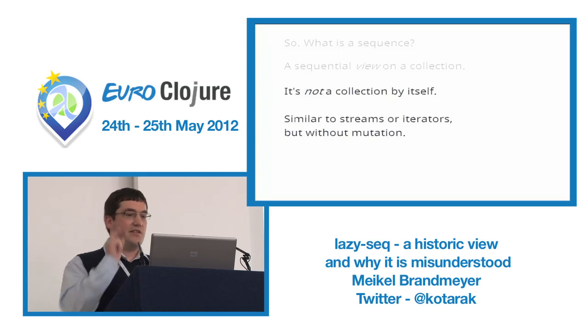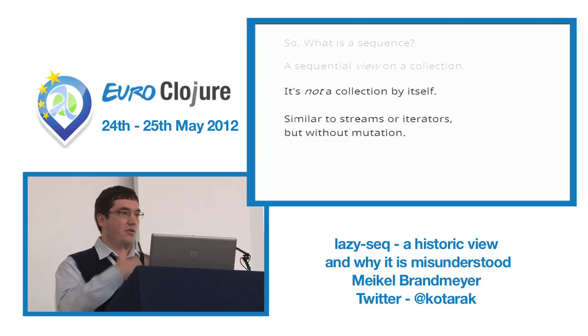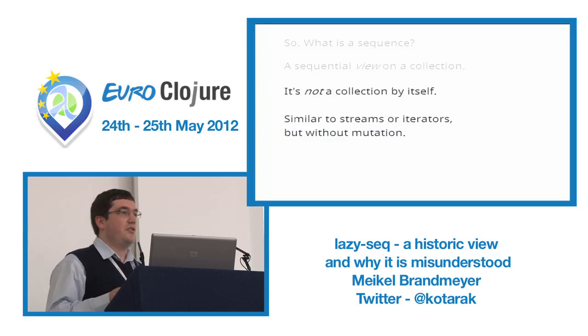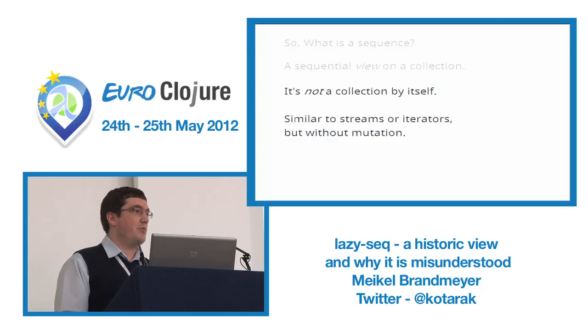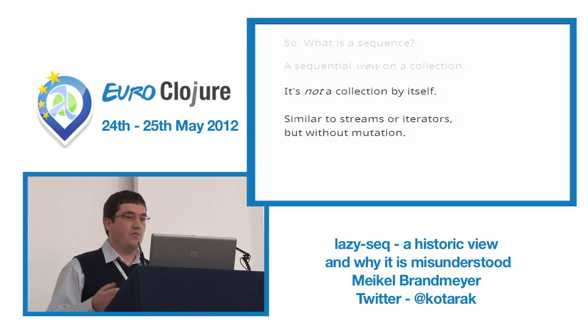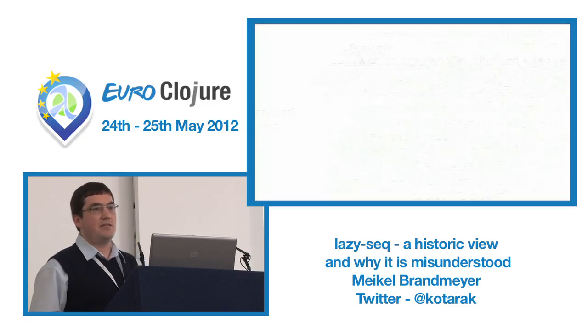You can ask the collection, give me a sequence on your elements, and then you can use all the tools you already know and which are in the sequence library in the core to work on the elements without knowing where they come from. Was it a vector? Was it a set? Who cares?